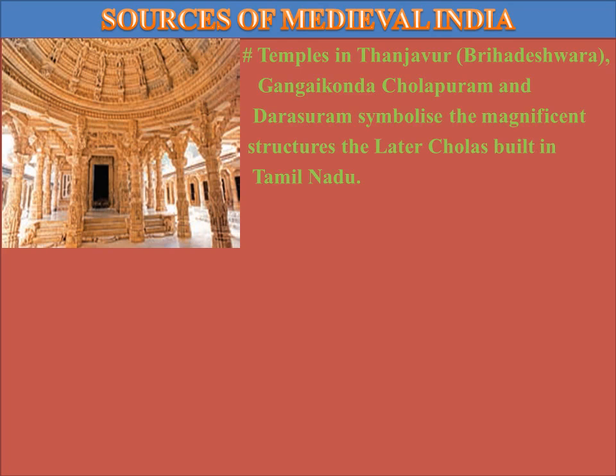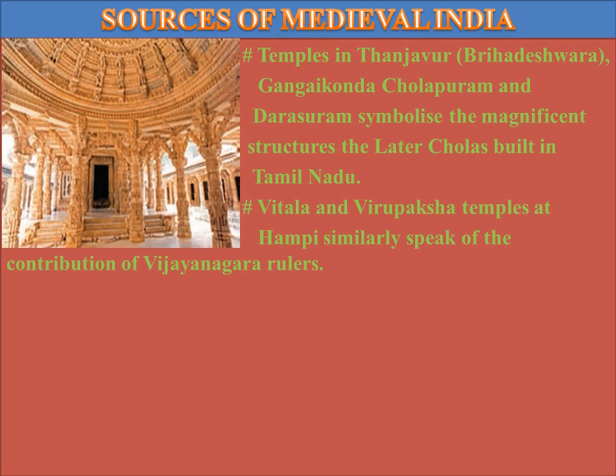The next monuments are the temples in Thanjavur, the Brihadishwara temple, Gangaikonda Cholapuram, and Dwarasamudra, which symbolize the magnificent structures the later Cholas built in Tamil Nadu. The Vitthala and Virupaksha temples at Hampi similarly speak of the contribution of the Vijayanagara rulers in the 15th century.